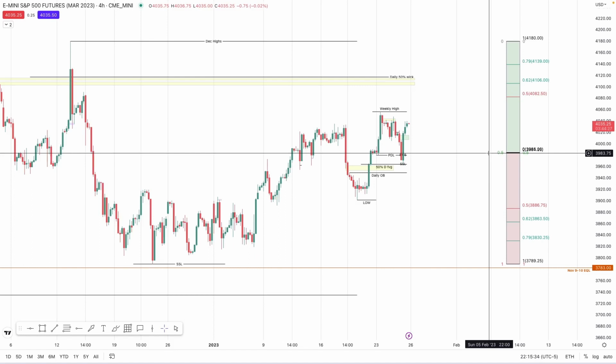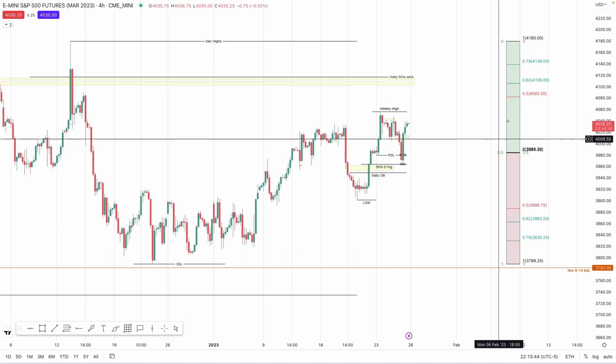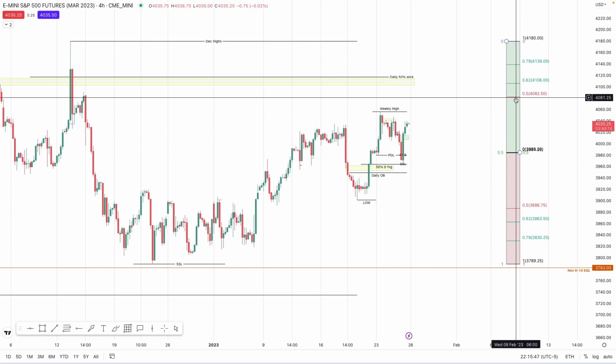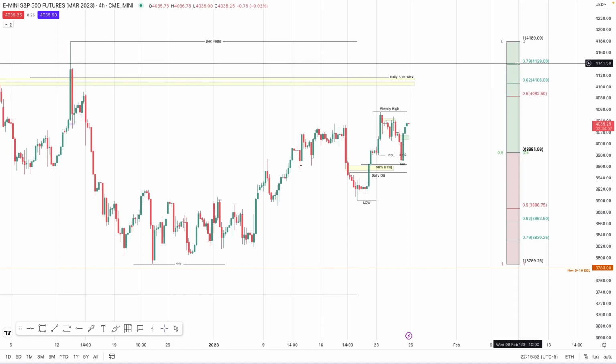That was the daily consolidation you can see down there. And then we've been kind of poking above into the premium area, and we haven't hit the upper premium targets yet. So this would be a 50% retracement, or 62%, or 79%.